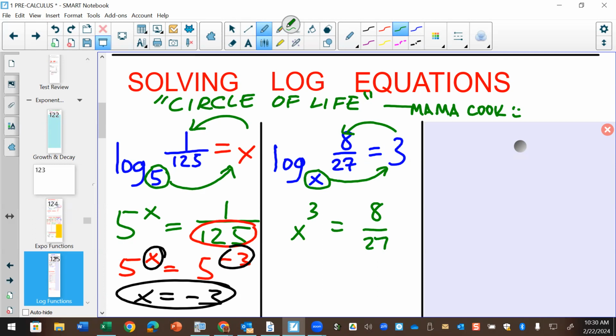Now looky here. It's not an exponential this time, because where's X? Downstairs. So this is just a regular, get rid of the cube and give me the final answer. Not square, but cube root, right? Cube root. And let's go, what's cube root of 27?